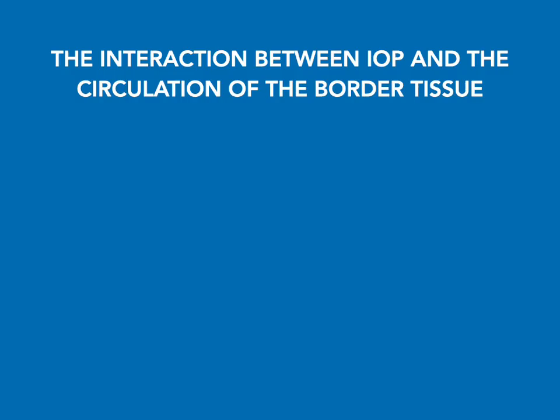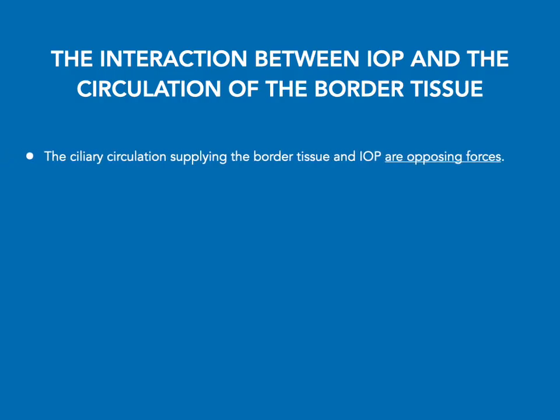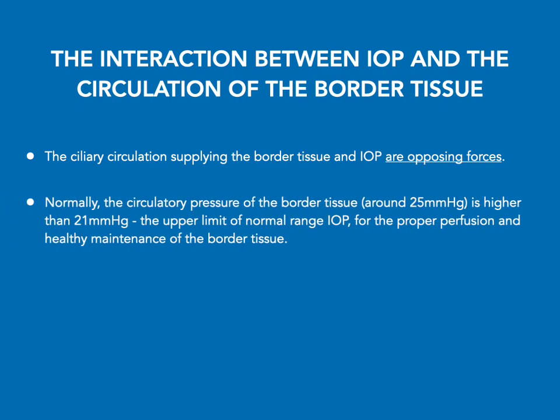Let's discuss the interaction between IOP and the circulation of the border tissue. The ciliary circulation supplying the border tissue and IOP are opposing forces. Normally, the circulatory pressure of the border tissue, around 25 millimeters, is higher than 21, the upper limit of normal range IOP, for the proper perfusion and healthy maintenance of the border tissue. What would happen if this delicate balance is reversed?